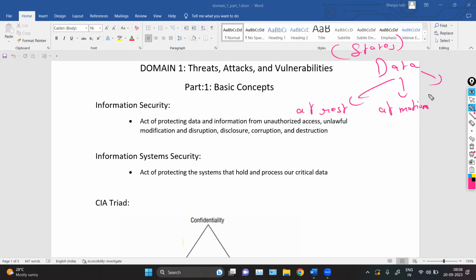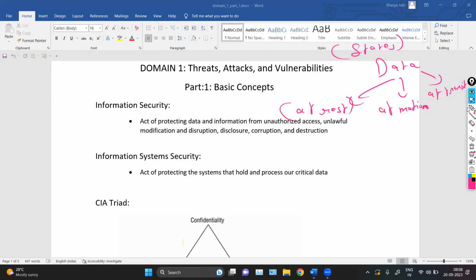And third is data in transit, which we can say is data in transmission. See, whenever we talk about the security of data, we cannot say we have to secure data only in one state. If you are applying security in any company, this means you are applying the security of data in every state.